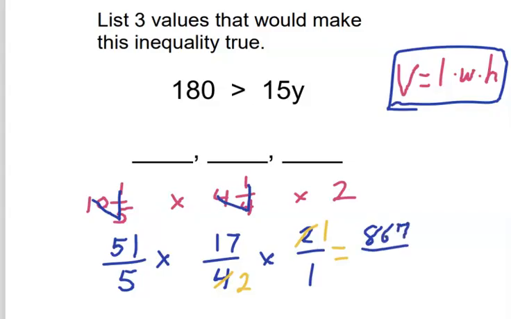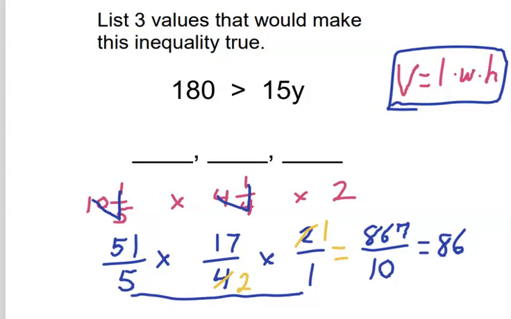And then we're going to have to do across the bottom here 5 times 2 times 1, which is just 10. So then we're going to take 867 and divide by 10, and we know that it would go into it 86.7 times. So we know 86 sets of 10 will go into 867.